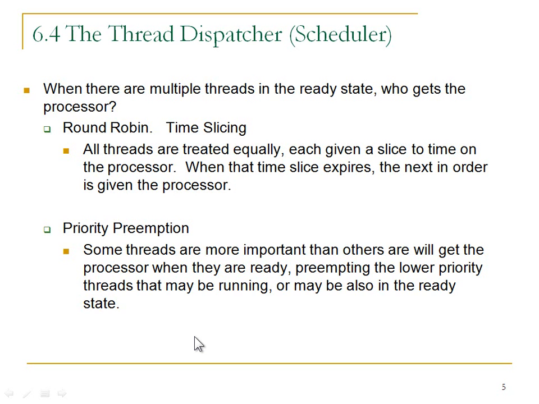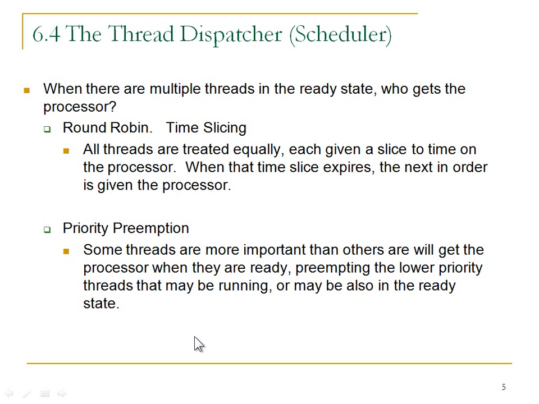So let's talk about priority preemption. The concept here is that some threads are more important than others. So the work of some threads, you really want that to happen right away. As soon as there's work to be done, do that work, regardless of who else is waiting. So in priority preemption, the threads have a priority.